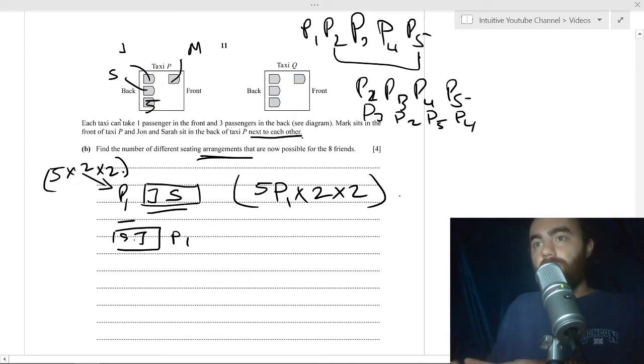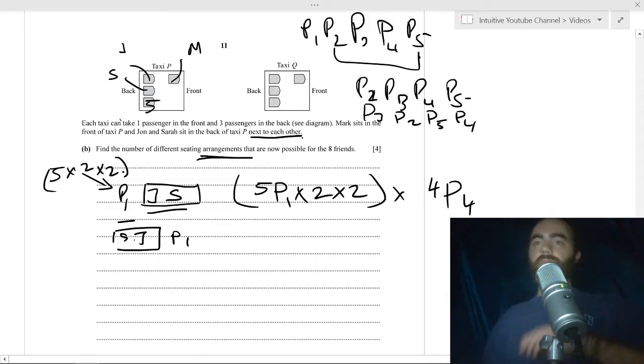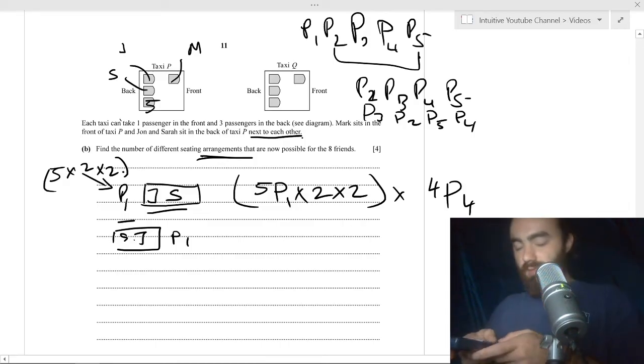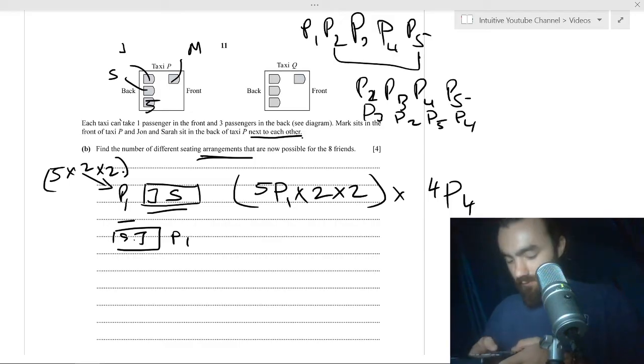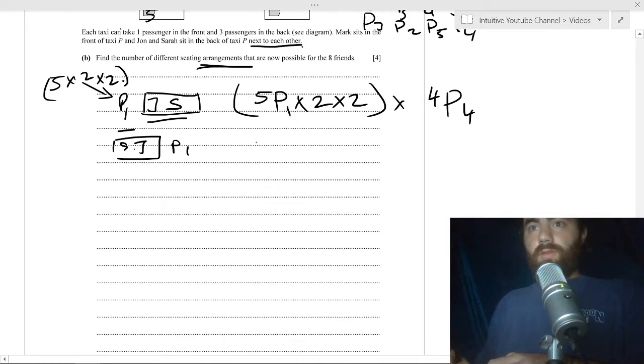So this is times the number of ways that we can arrange this, which will be 4P4. So this is 5 times 4 factorial times 2 times 2, times 5. So it's 480 ways. So the answer is 480 ways.